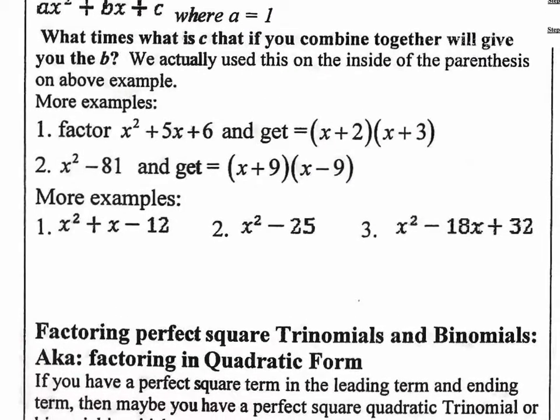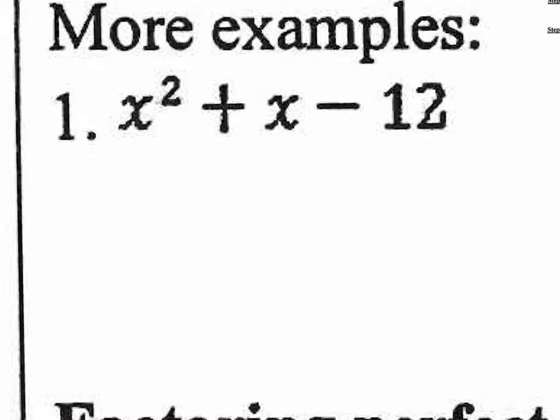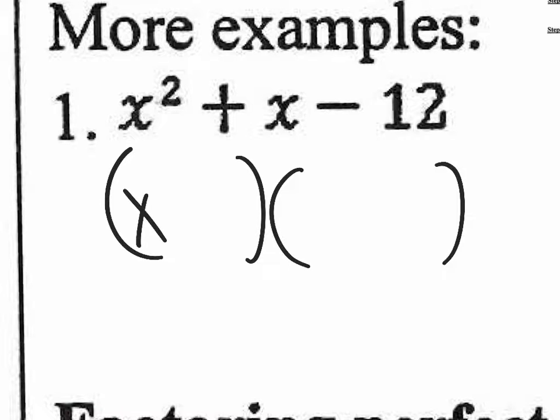Factoring quadratic trinomials when the a value is 1, that's like the easiest type of factoring. Okay. If you have a 6 right here, you have to do that long process. That's ugly. That's horrible, right? But it's 1, it's nice and easy. You just set up your answer format, x right here, x right there, and you simply think what times what is negative 12 that if you combine together is positive 1.